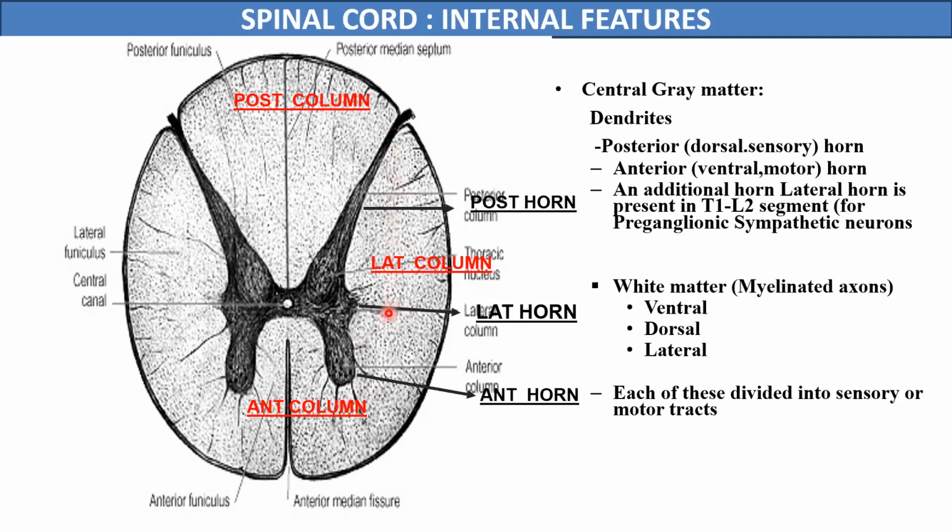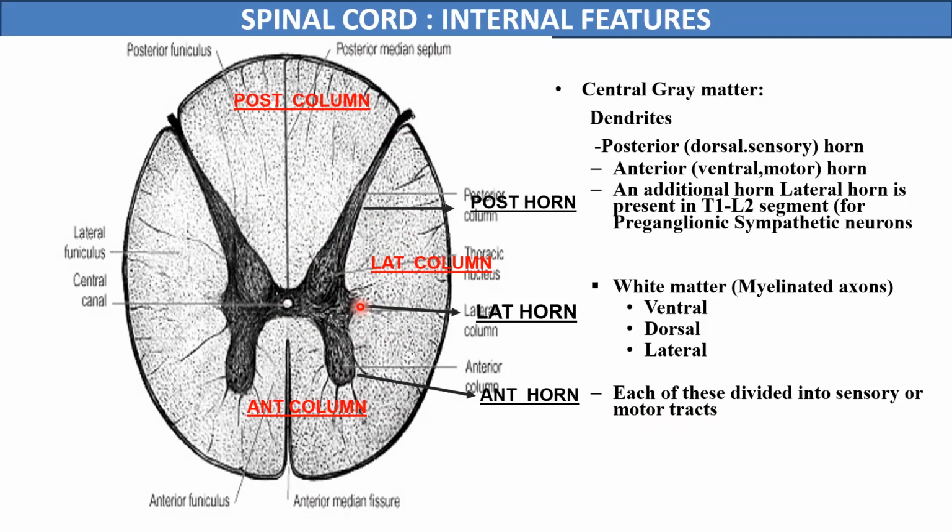So the white matter has an anterior, posterior and lateral column, while the gray matter has an anterior and a posterior horn, and an additional lateral horn in the T1 to L2 segments.